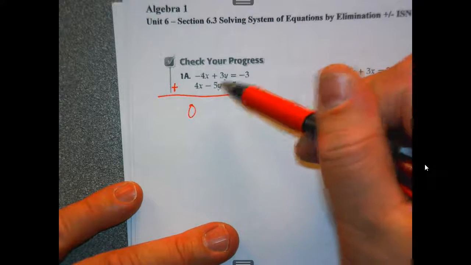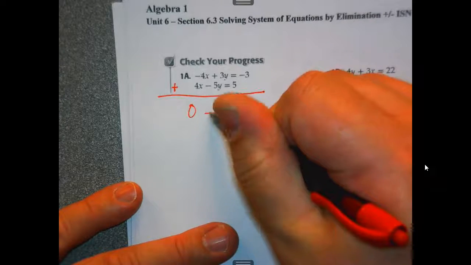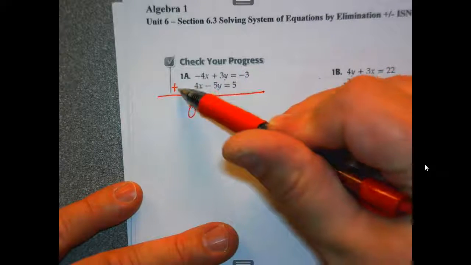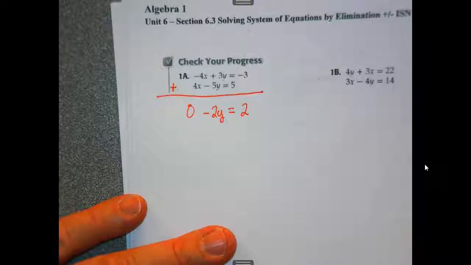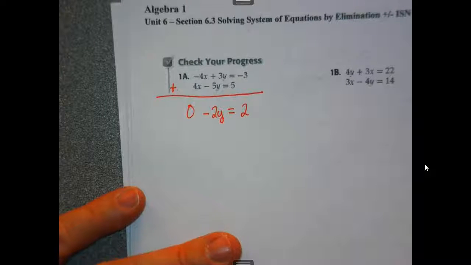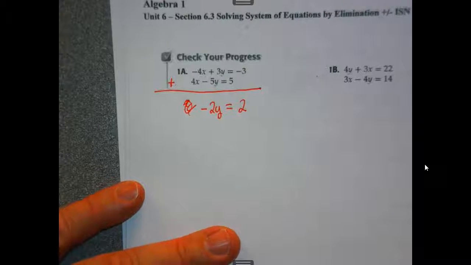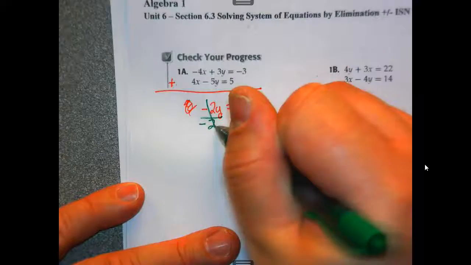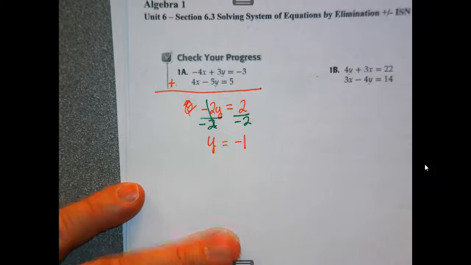If I add 3y and negative 5y, I get negative 2y. Negative 3 plus 5 is positive 2. All I have to do is solve for y. The 0 really doesn't make any difference. Divide both sides by the coefficient negative 2, and I get y equals negative 1.